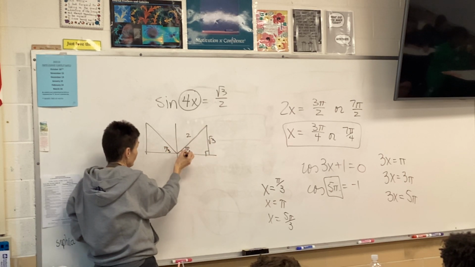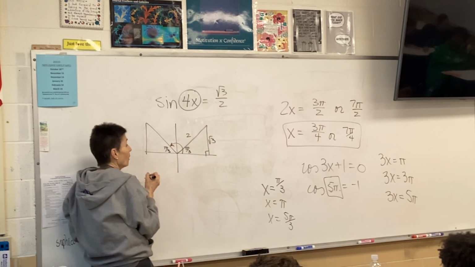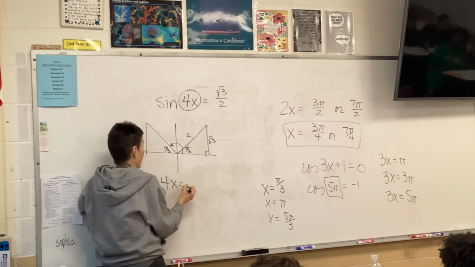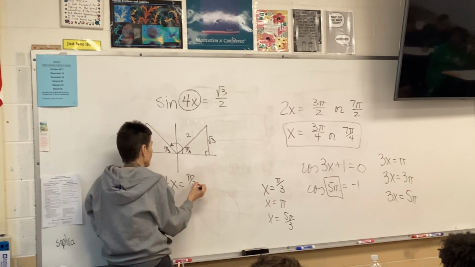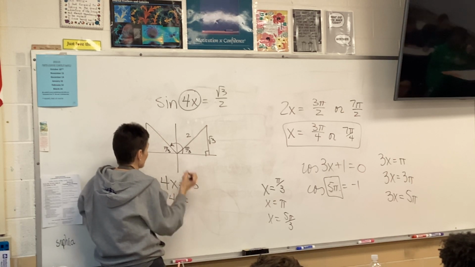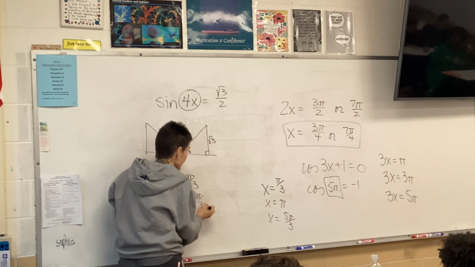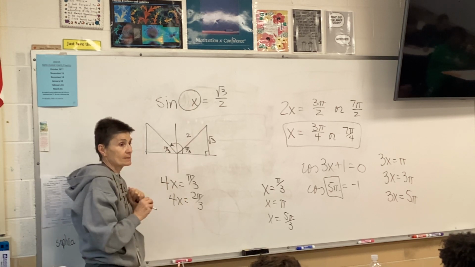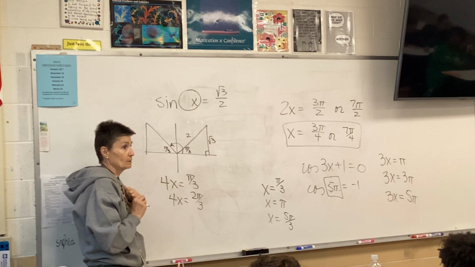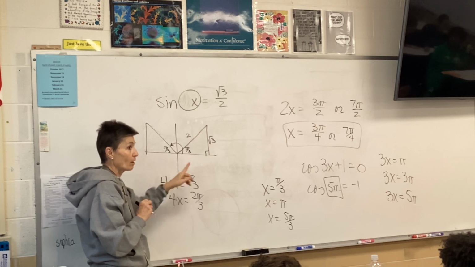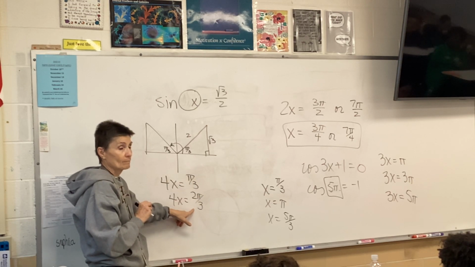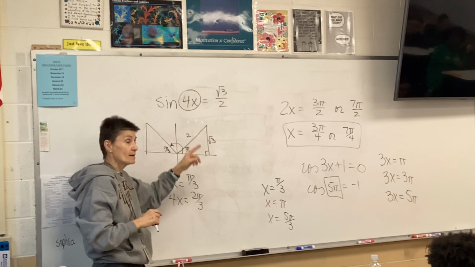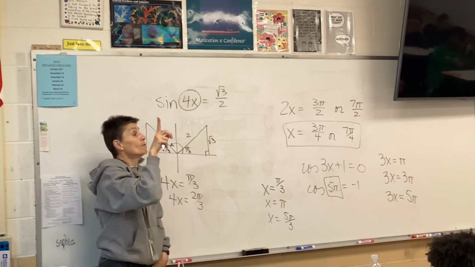So our first answers are either pi over 3 or 2 pi over 3. Does everybody agree with that? In other words, if this said sine x equals root 3 over 2, wouldn't you say your answers are these two?